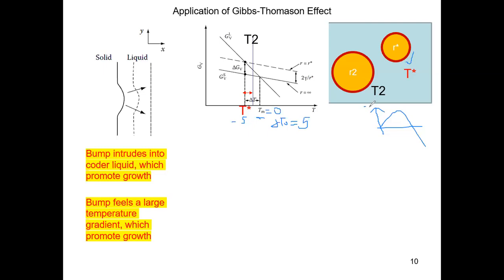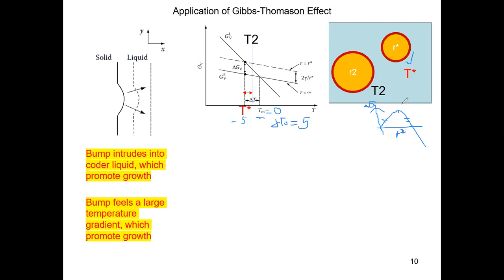So this is my delta G. And we know the reason you see the initial increase is because the surface energy dominates and then the volume term dominates. So this is going to give us the R star. And from this free energy analysis, we know that R star is the critical radius for the system. So for any radius smaller than this, it won't grow, and for any radius larger than this, it will grow, right? So this is the critical radius.